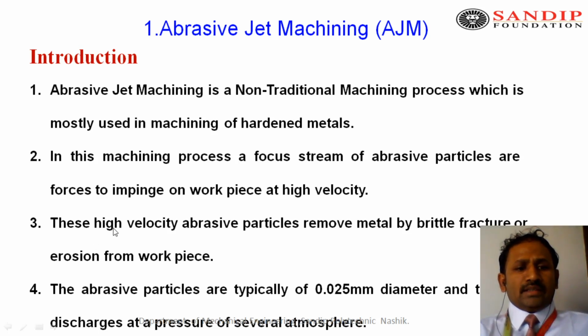These high velocity abrasive particles remove metal by brittle fracture or erosion from the workpiece. The abrasive particles are typically 0.025 mm in diameter, spherical in shape, and are discharged by air at a pressure of several atmospheres.